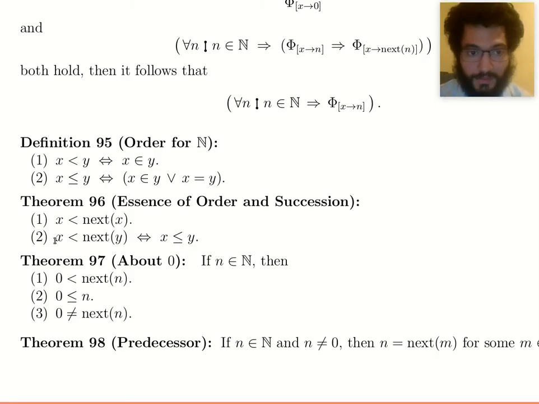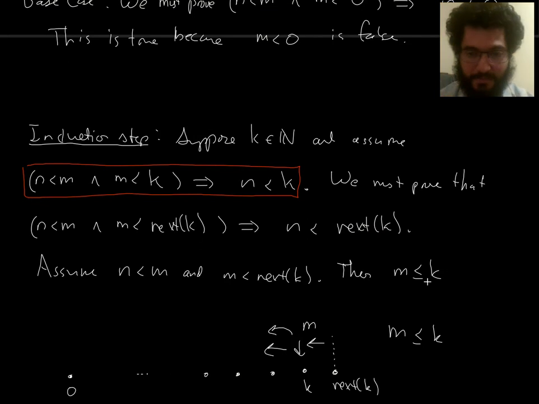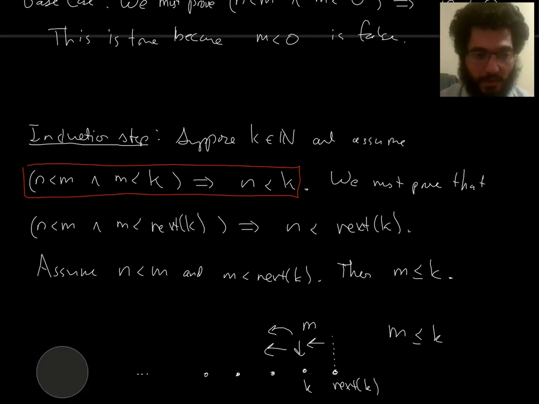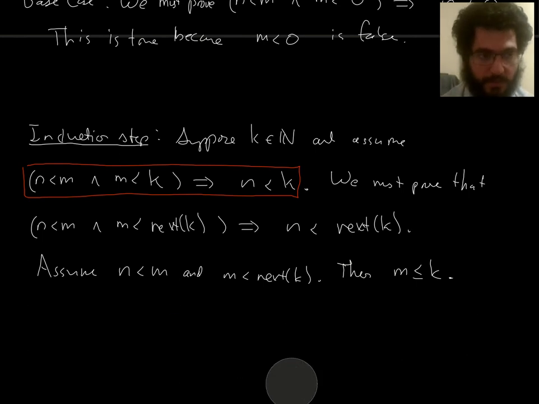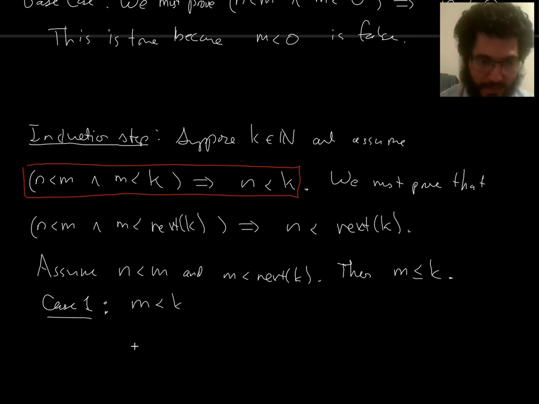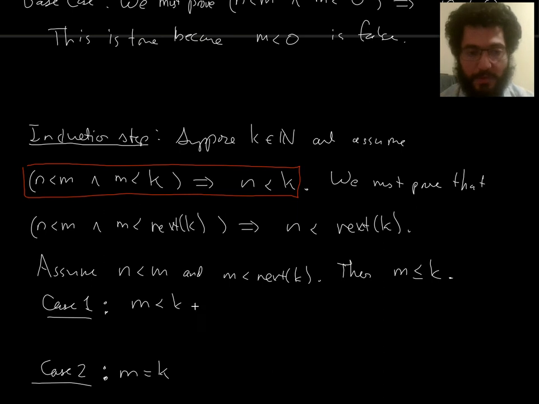For the millionth time, that's us using theorem 96.2. And now we're justified in the following case split. Case 1, this is the case where the induction hypothesis becomes useful, m is less than k. Case 2, where probably the induction hypothesis will not be useful, but maybe we can figure it out anyway, m equals k.